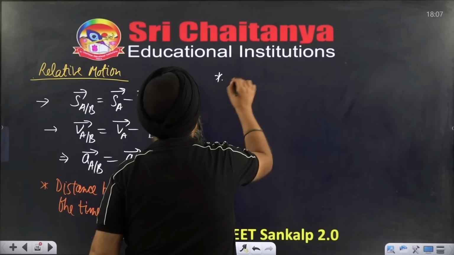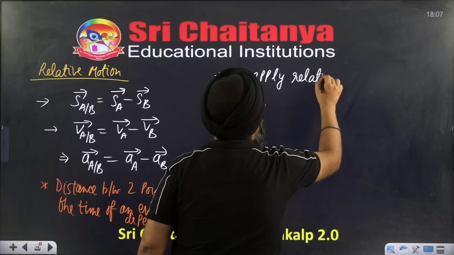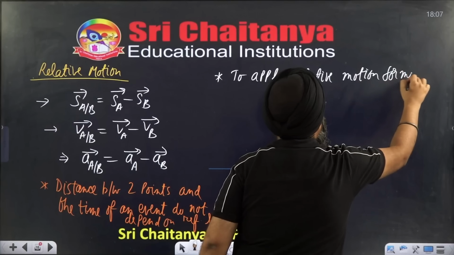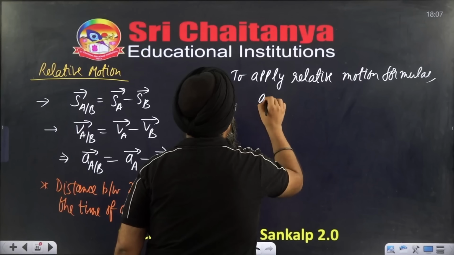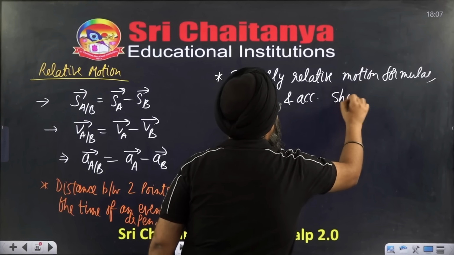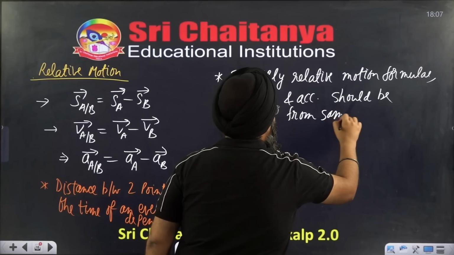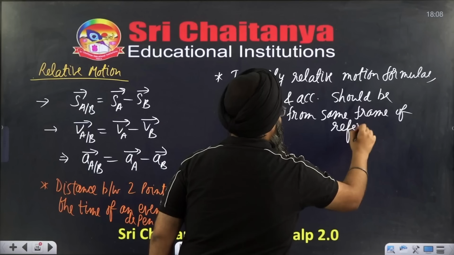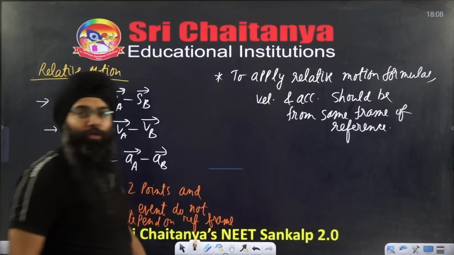To apply relative motion formula, velocities and acceleration should be from same frame of reference. These two things should be remembered by you so that you can solve the problems.